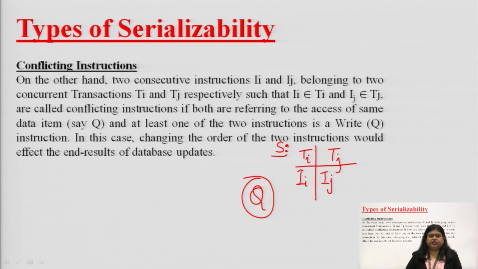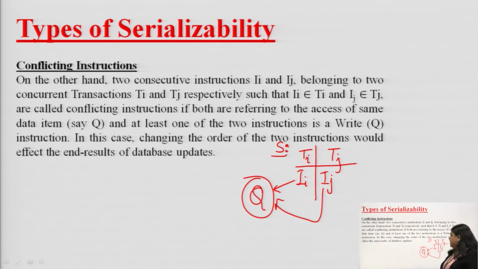The first condition is both should be using the same data item Q, and at least one of them is a write operation on the data item Q. So, either Ii is a write operation and Ij is a read operation, or Ii is a read and Ij is a write, or both of them are write operations.